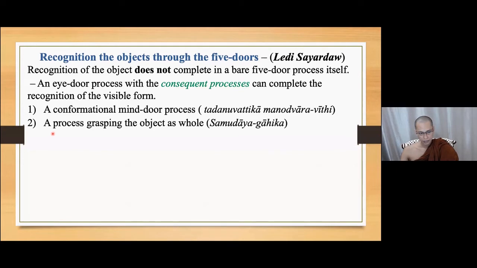Then the process grasping the object as a whole. So when we see something, that visible form is not a single materiality. As the mentality arises in a group, the materiality also arises in a group.